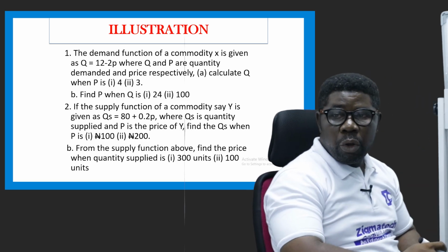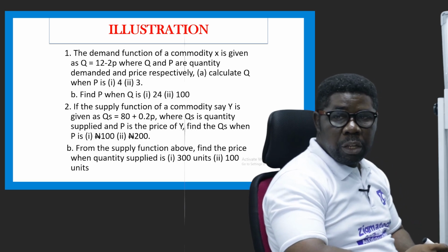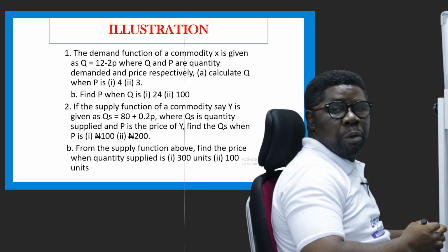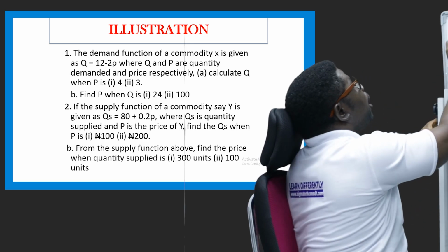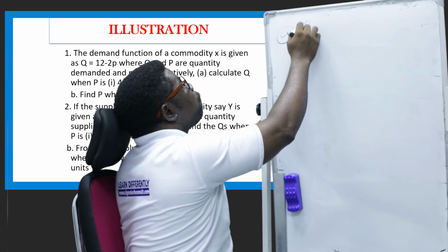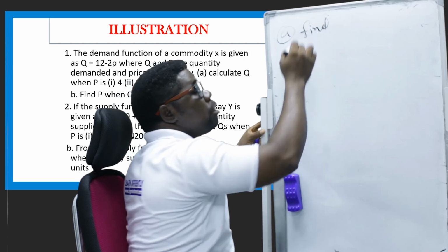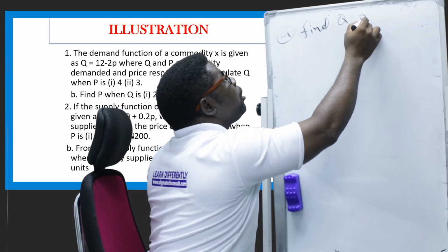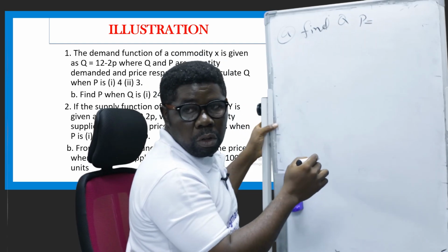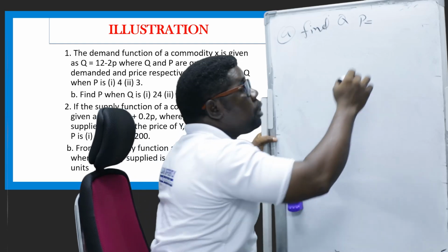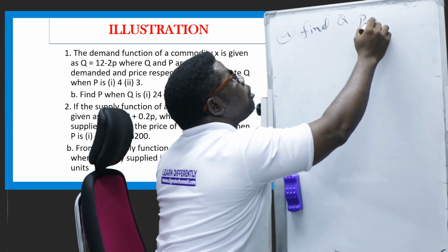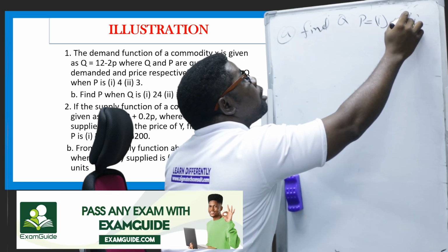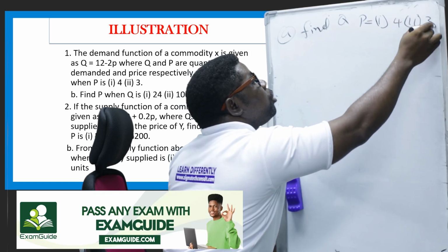So let's look at it. For A, we are calculating for Q when P is equal to 4 and 3.